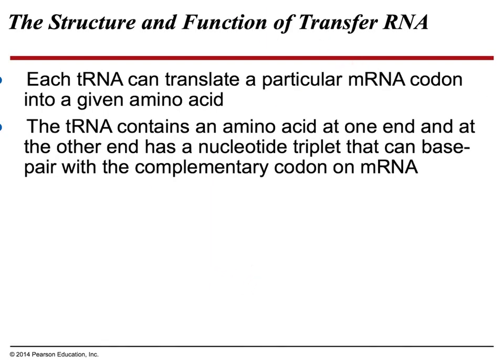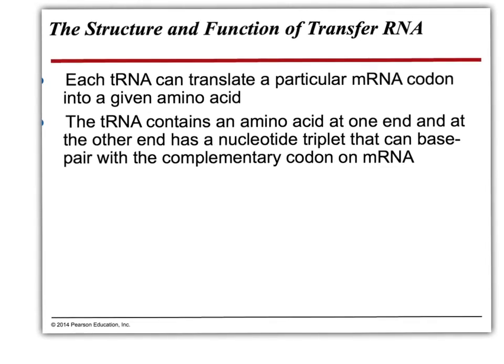So, structure of tRNA. It basically has what we call a cloverleaf structure. Something like that. You know, I'm not the best, right? But these areas are double-stranded RNA. This part right here is important.